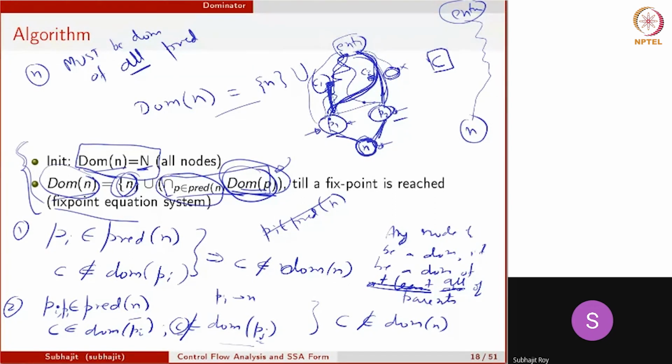No matter how long you keep running it, the solution will not change, and that is supposed to be the solution for this system. So that is how you solve it. I will not get into it because Professor Khedker will probably talk a lot more about fixed point equations when he does data flow analysis. And then you will get to see how to really solve such equations. But at least you should understand how to form this equation.